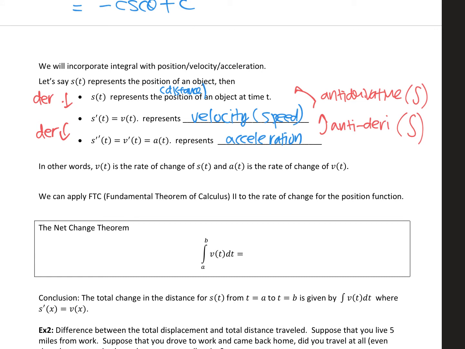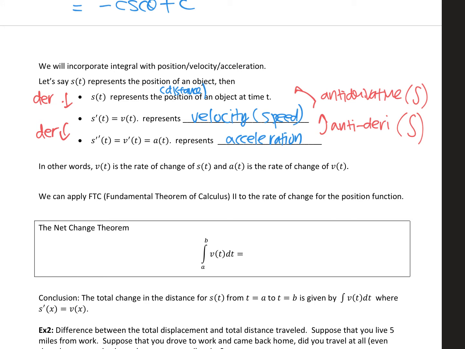So that's how they're related. In other words, v is the rate of change of s. Velocity is just an example of a rate of change. And a is the rate of change of v, right? So basically, we can apply the fundamental theorem of calculus to the rate of change for the position function.